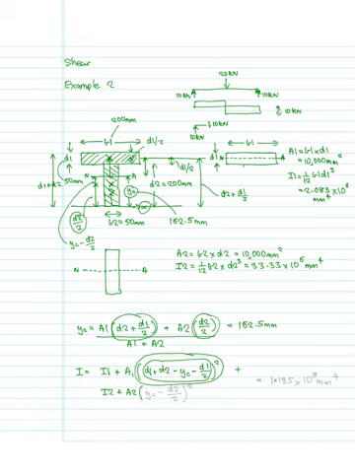So that one is a bit easier. It's YC minus D2 over 2, and that is going to be all squared. And if you work that out, that's going to come out to be 1.135 times 10 to the 8 millimeters to the fourth.